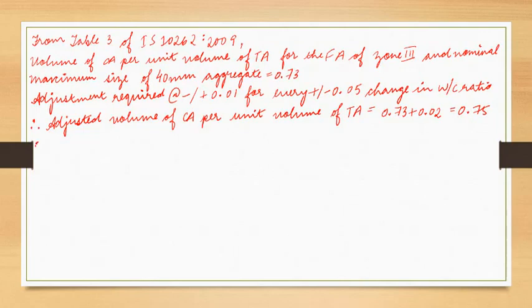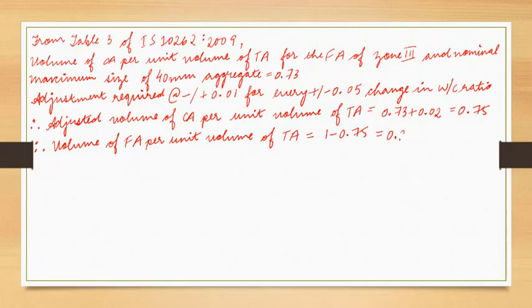Therefore volume of fine aggregate per unit volume of total aggregate is equal to 1 minus 0.75. 1 is the volume of total aggregate because we are taking per unit volume of total aggregate, and 0.75 is the volume of coarse aggregate per unit volume of total aggregate.